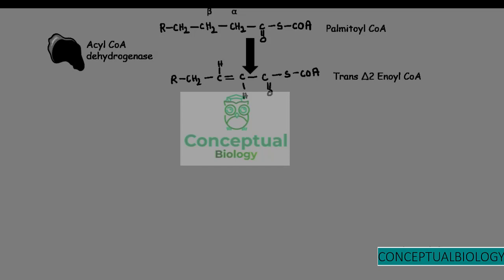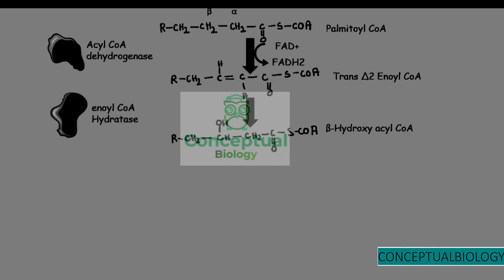So trans delta 2 enoyl-CoA would be converted to beta-hydroxy acyl-CoA. And again, if you look at the beta carbon, a hydroxy group is attached right now. So it is oxidized further. And the enzyme is enoyl-CoA hydratase. Point to be noted that at the first step, FADH2 is produced.